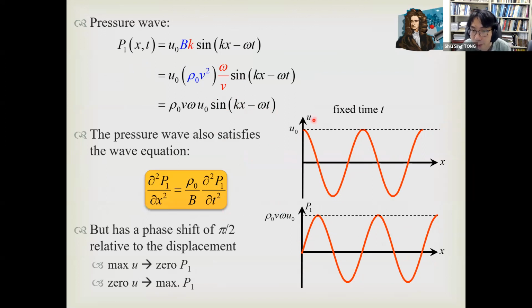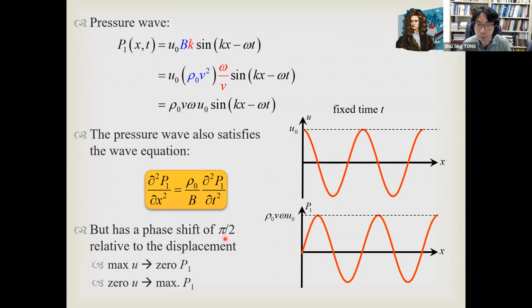So the displacement and the pressure have a relative phase shift. The phase shift is a quarter of a period. If you shift the displacement curve to the right by a quarter of a period, you get the pressure wave form. Okay, of course the amplitudes are different, but they have a phase shift relative to each other of pi over 2.